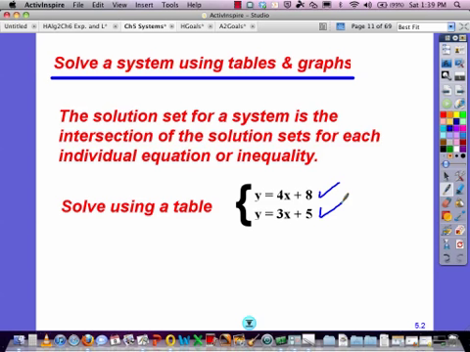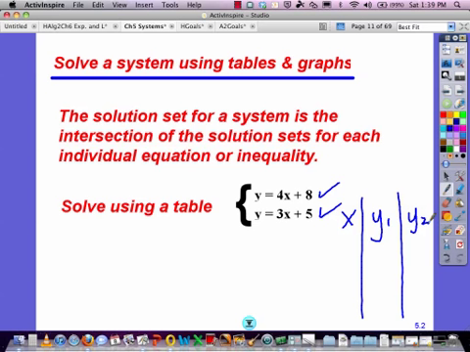Now, because it says use a table, yeah, you could make your table by hand, but we've been using our technology. So take a look on your grapher, and if you graph both of these at once, 1 under y sub 1, 1 under y sub 2 on your graphing calculator, you should then see xy values.